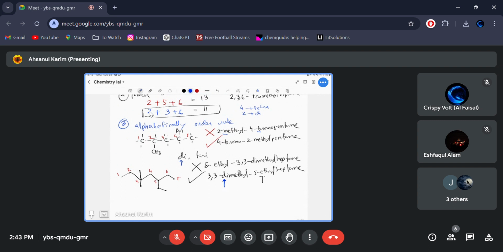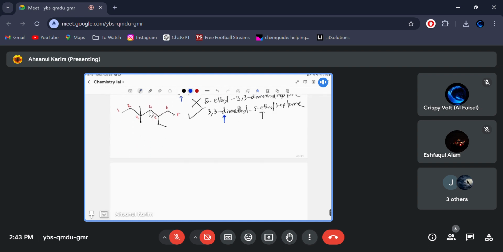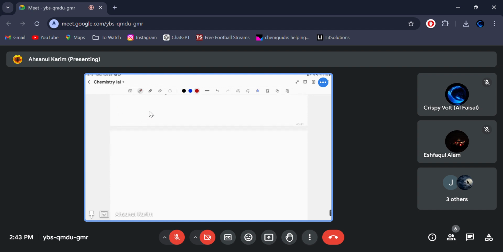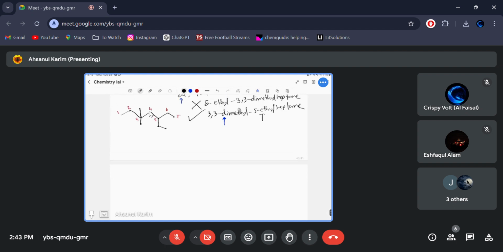Now, let's discuss the functional group or secondary suffix, right? So now this is important. You need to memorize it. Why is the secondary suffix important?